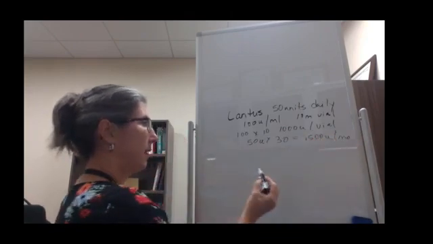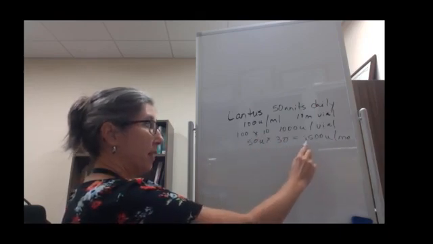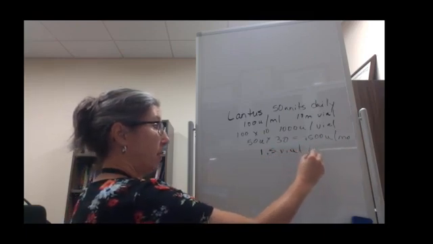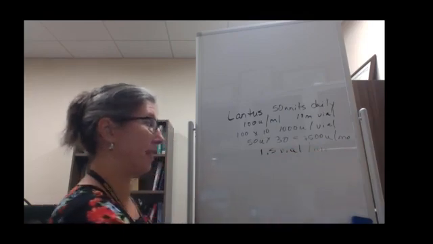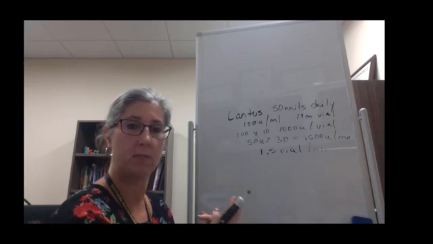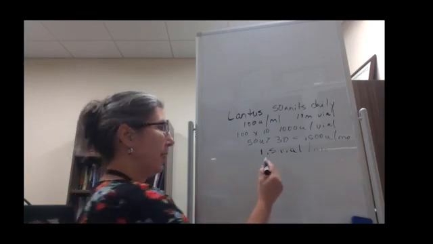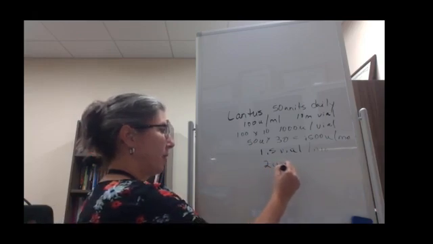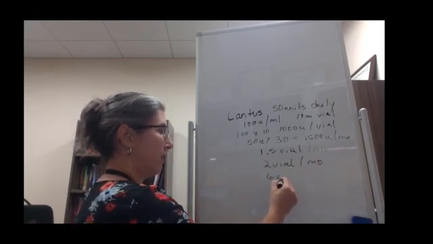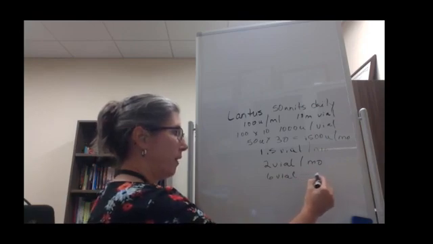There's only 1,000 units per vial, so this person is going to need 1.5 vials per month. The pharmacy cannot dispense half a vial, so that's going to require this patient to have 2 vials of insulin per month, or 6 vials if you were ordering them in a 3-month supply for 90 days.